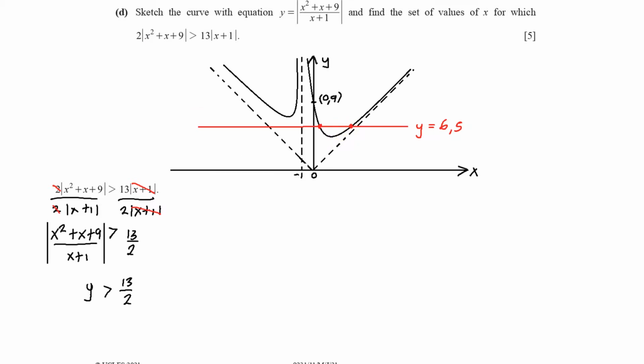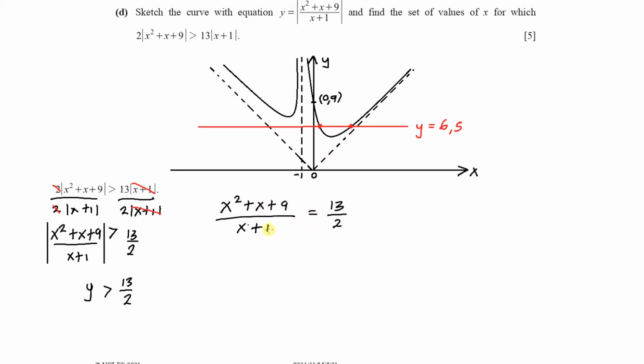So I'm going to say for the intersection of this part of the curve and the line y is equal to 6.5, I'm going to solve (x squared plus x plus 9) over (x plus 1) being equal to 13 over 2.